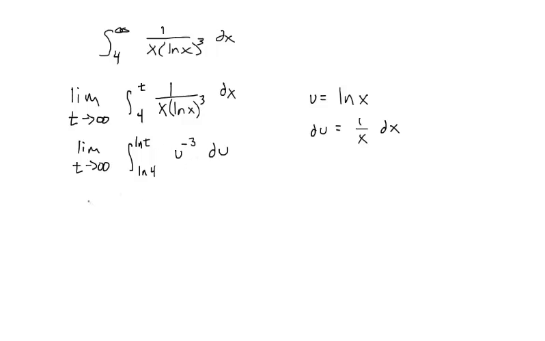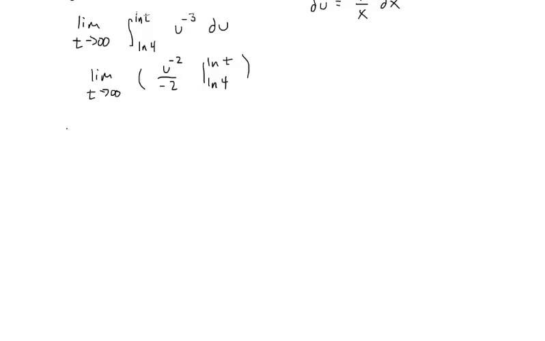And now we can integrate. So we have the limit as t approaches infinity of u to the negative 2 divided by negative 2, evaluated from ln of 4 to ln of t. And now we want to evaluate.